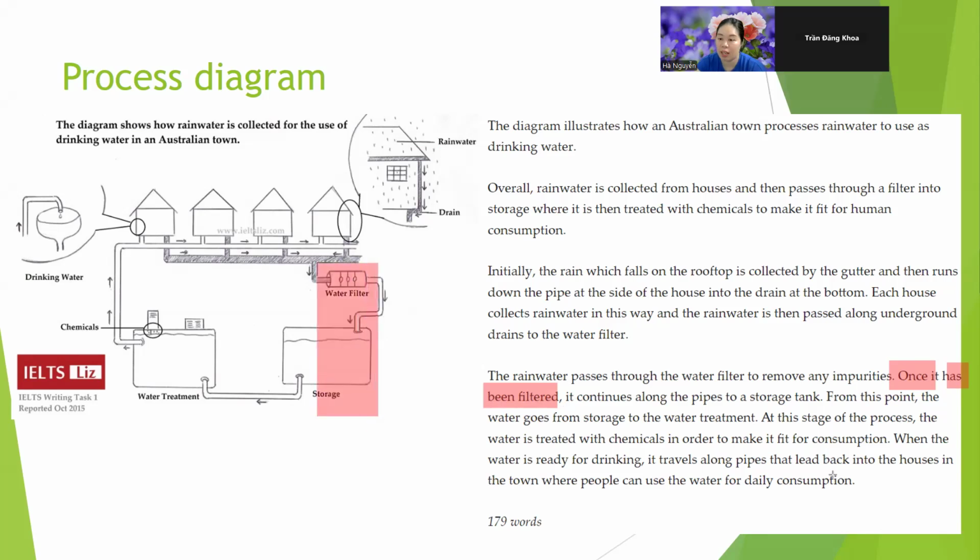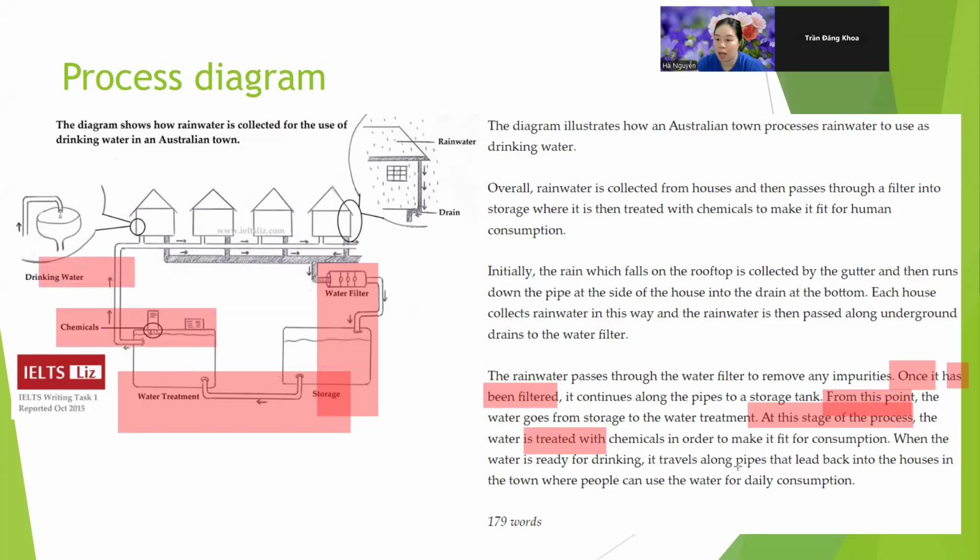From this point, remember another discourse marker: the water goes from storage to the water treatment. At this stage of the process, another very good discourse marker. The water is treated with chemicals, passive voice, in order to make it fit for consumption.